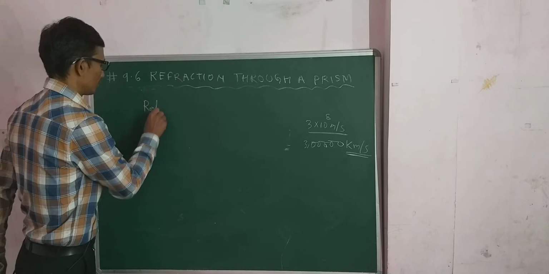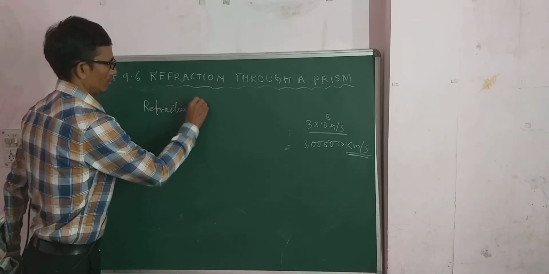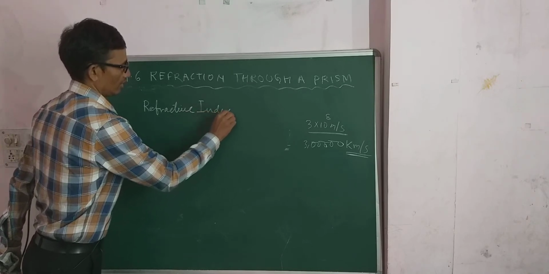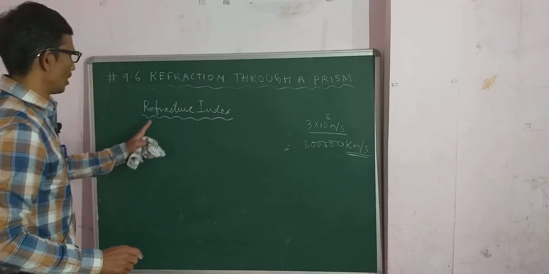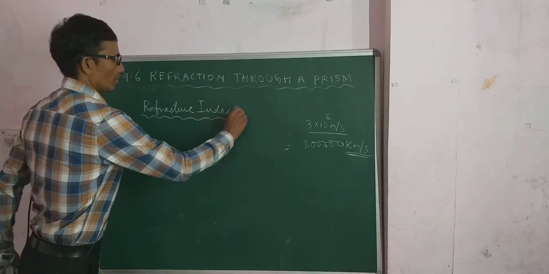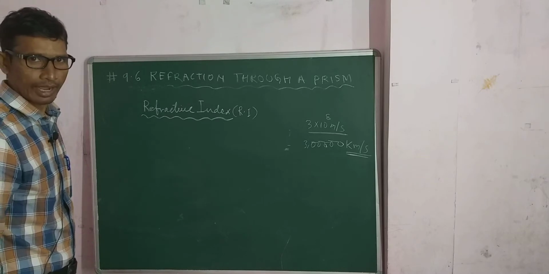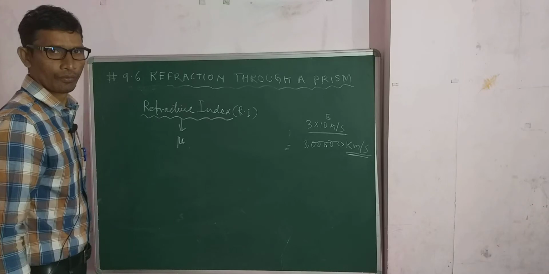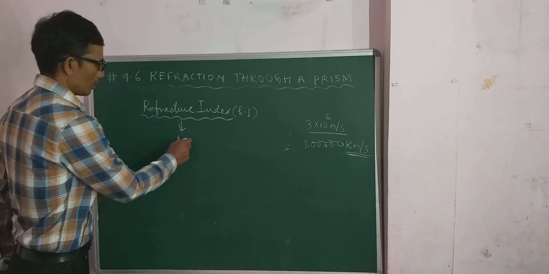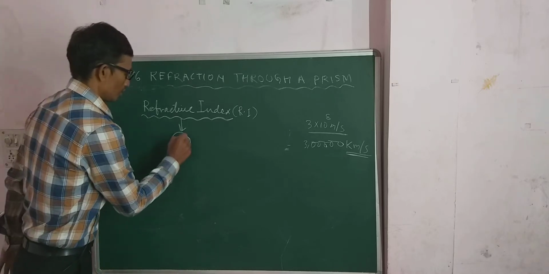Refractive index, in short, is RI, and it is represented by mu. This mu is the refractive index.